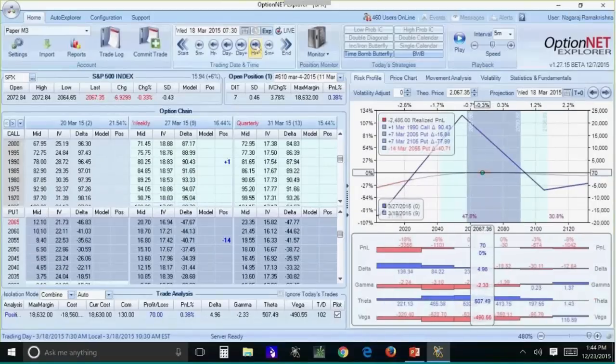Okay, for some reason it's not matching with the price I have in my live trades. But regardless, I closed the trade at 8 a.m. on 3/17.